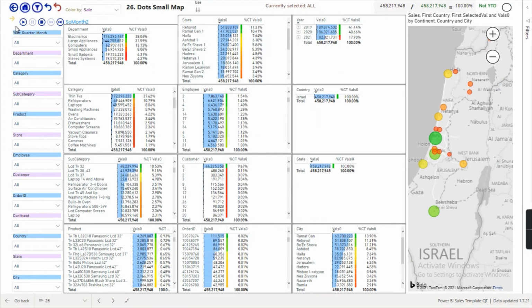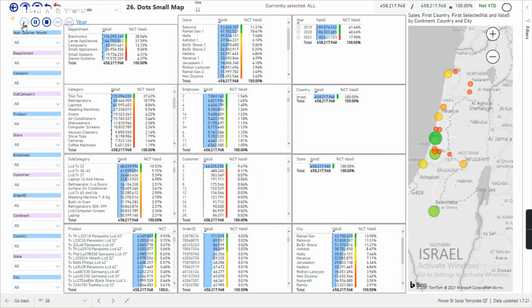We have here a player that's playing months. Every time I click, I get the next month. But data is changing slowly in a normal situation. So let's go up to quarters or even years to see a difference on the map.